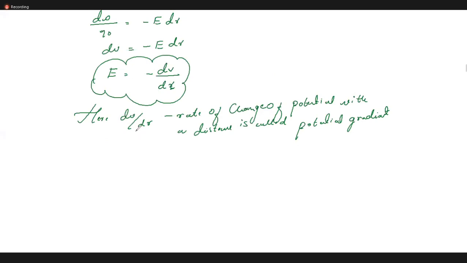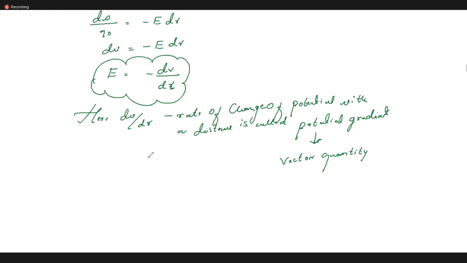Okay, so what is this? The potential gradient means the rate of change of potential with distance. Okay, so let me say about potential gradient. The potential gradient is a vector quantity because it shows you the direction.